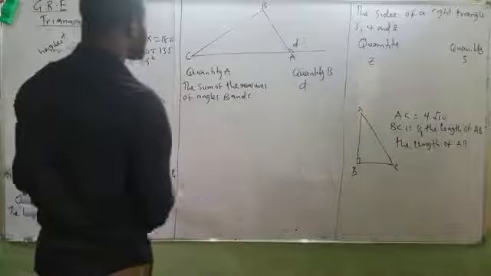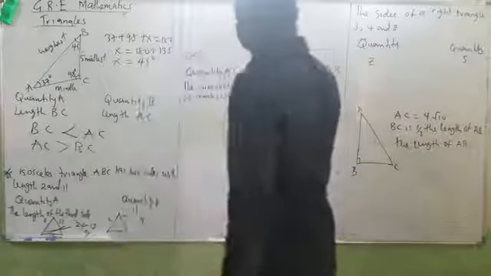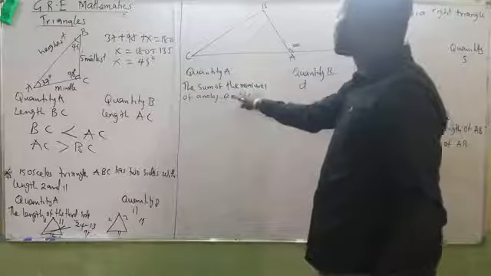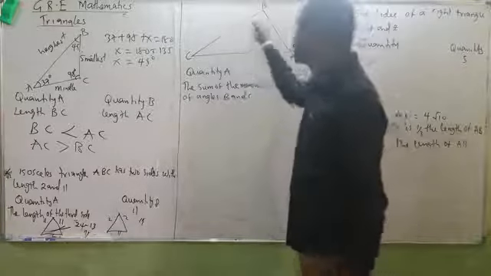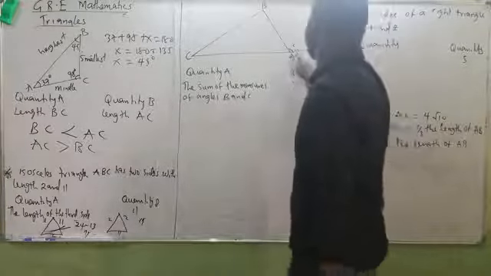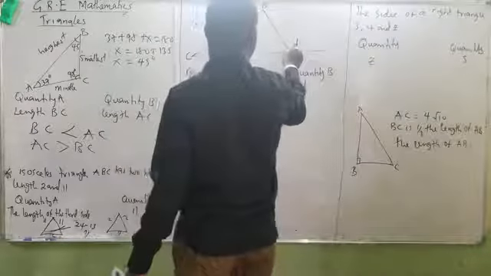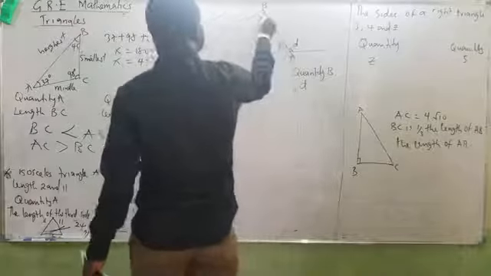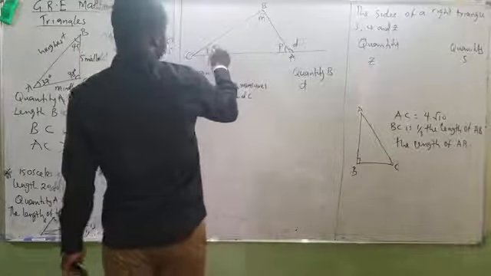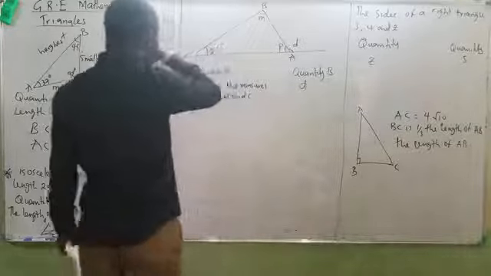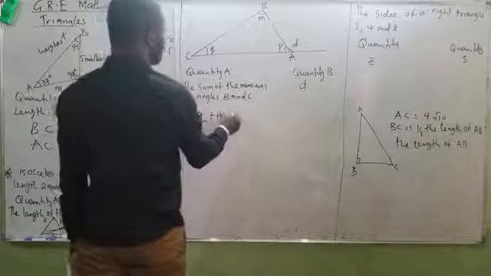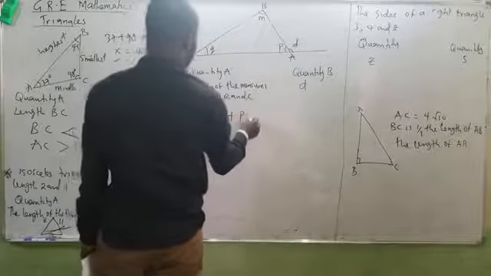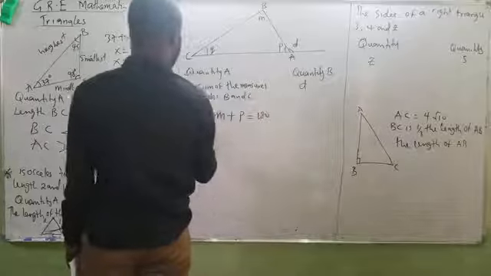Now, I have something like this. You have to consider the sum of the measures of angle B and C, and quantity D. Now, quantity D, what I just need to do, if I call this place P, I call this place M, I call this place Q. Now, what I need to know is that P plus M plus Q equals 180, which I know.